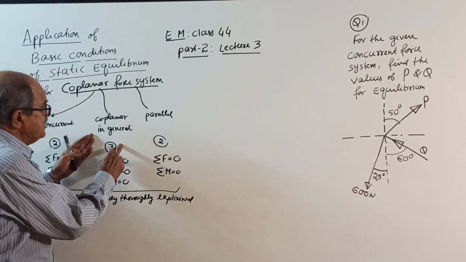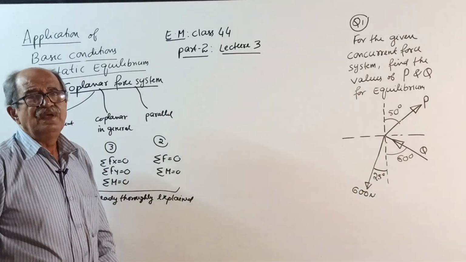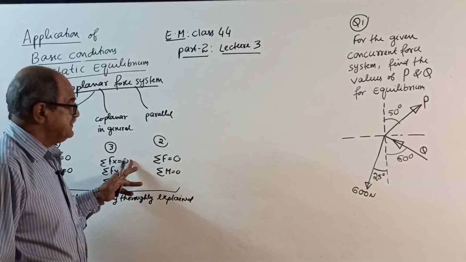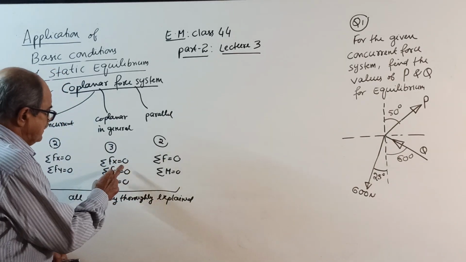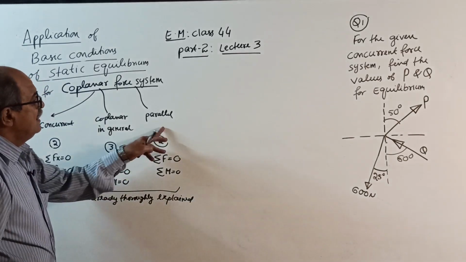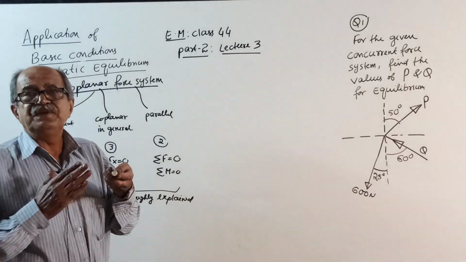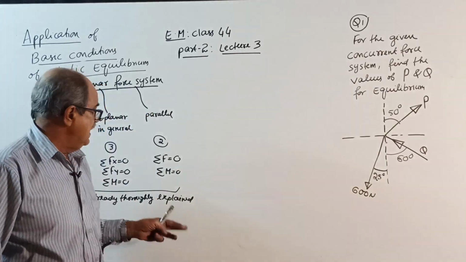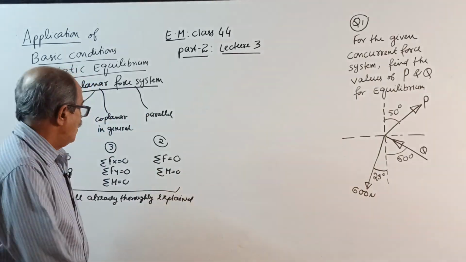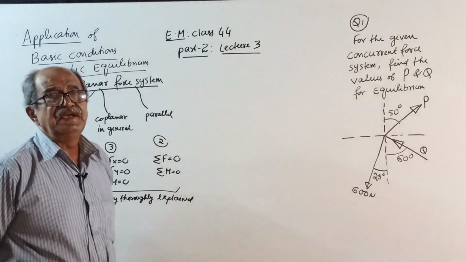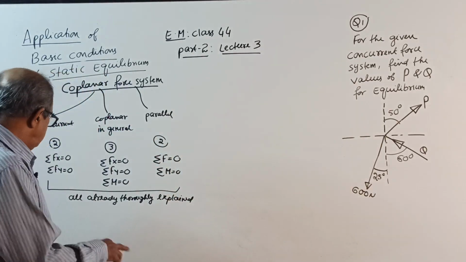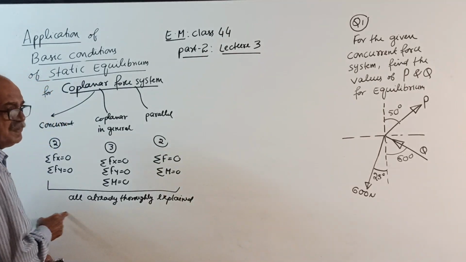If it is coplanar in general, 3 conditions: sigma Fx, sigma Fy, sigma M = 0. And a parallel force system, 2 conditions: sigma F, net force in that direction equal to 0, and sigma M equal to 0. All these are to prevent translation and rotation. These are already thoroughly explained.